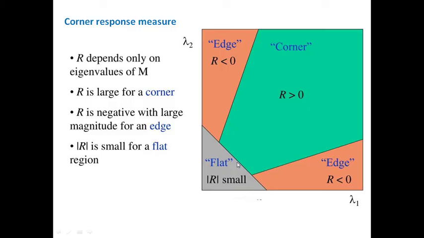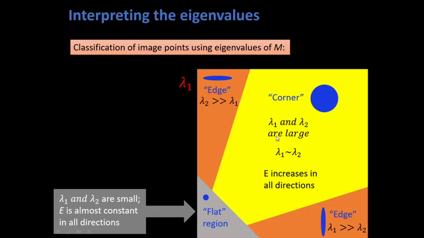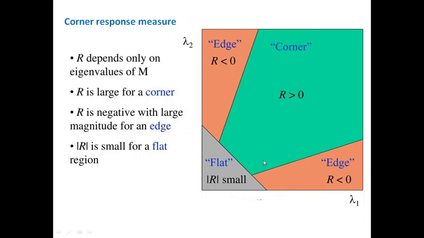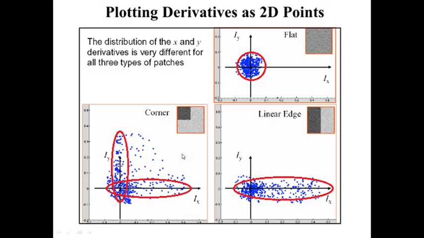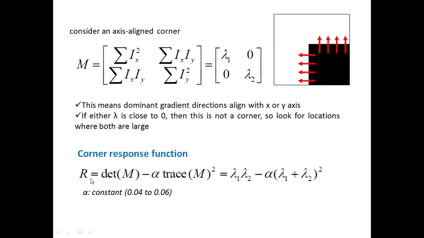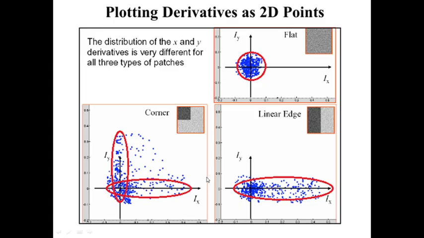Okay, then the corner response measure. That means the classification of image points can also be done, instead of eigenvalues, using this R, the corner response measure. What is the formula for the corner response measure? R is nothing but determinant of M minus alpha times trace of M whole square.